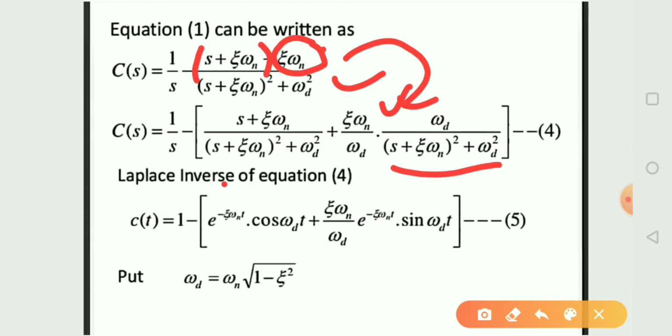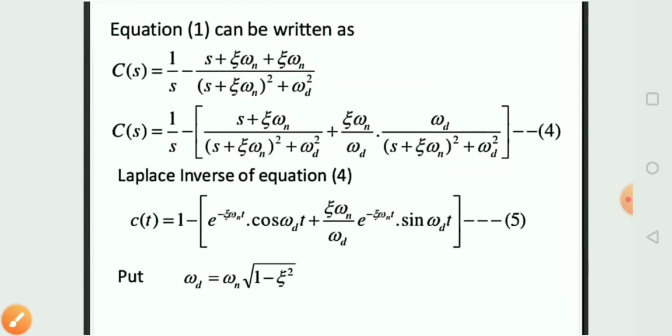Now we multiply numerator and denominator by ωd. So this is our C(s), our output in the frequency domain. Now we can take inverse Laplace.